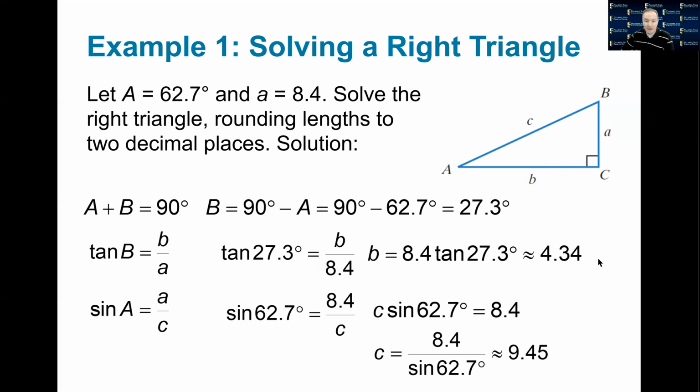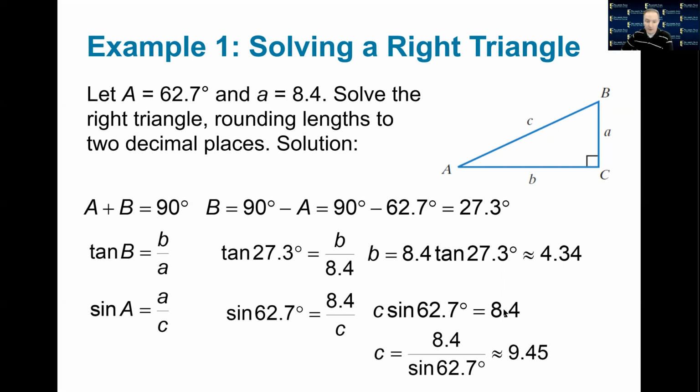So instead of using that approximation to find a further answer, there's no reason I would need to use it, because I can say the sine of angle A is equal to side A divided by the hypotenuse C, and I can solve for C that way. Multiply by C on both sides, you would get C times the sine of 62.7 is equal to 8.4.